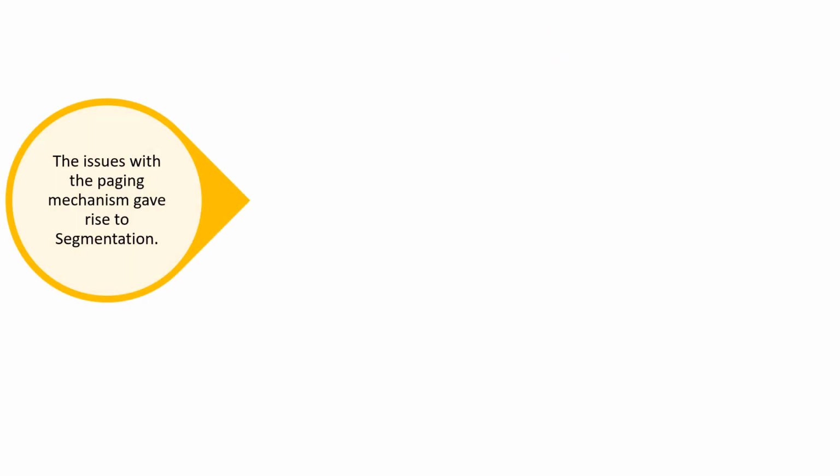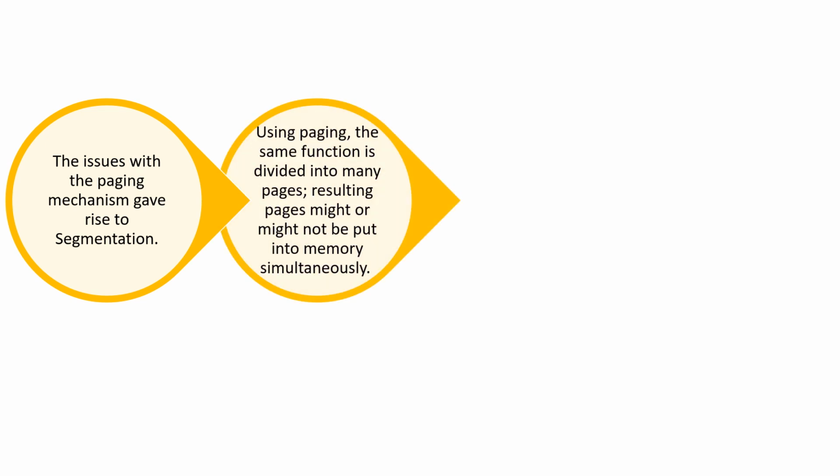Now, why did segmentation come about? The issues with the paging mechanism gave rise to segmentation. Using paging, the same function is divided into many pages, and the resulting pages might or might not be put in the memory simultaneously.